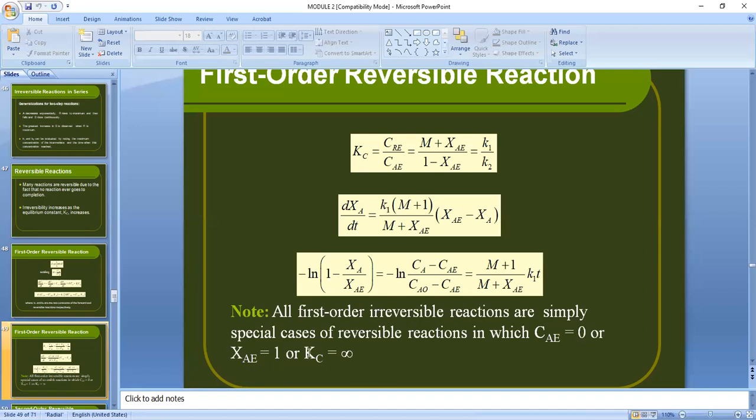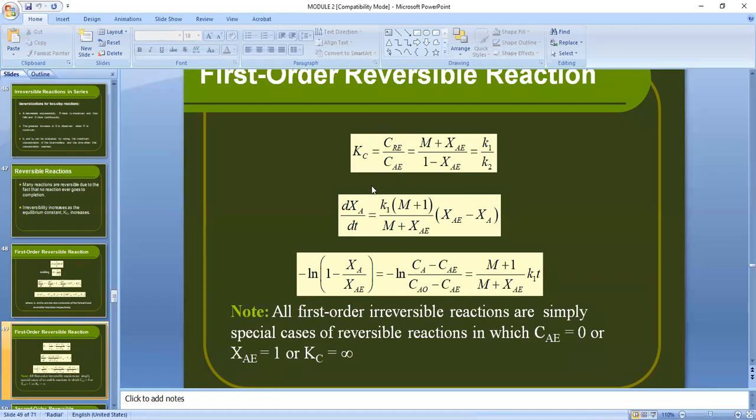Primarily because you have conversion already equal to 1, and this one specifically it's already equal to 0. So you will have here division by 0, so your equilibrium constant is infinity.